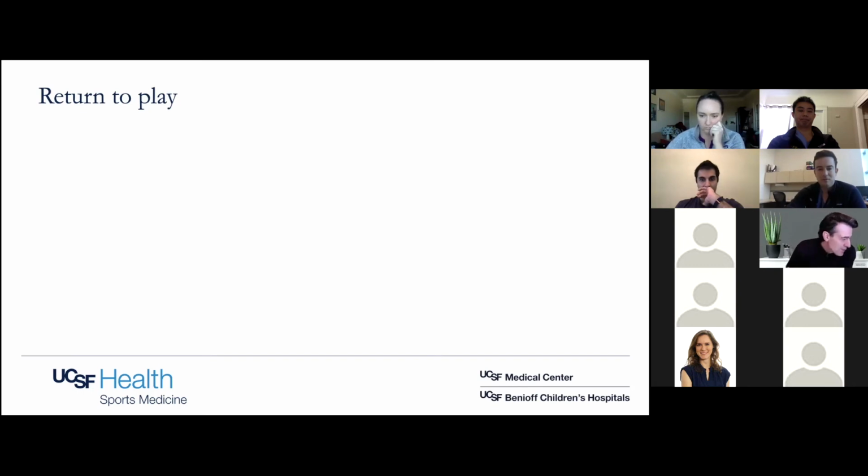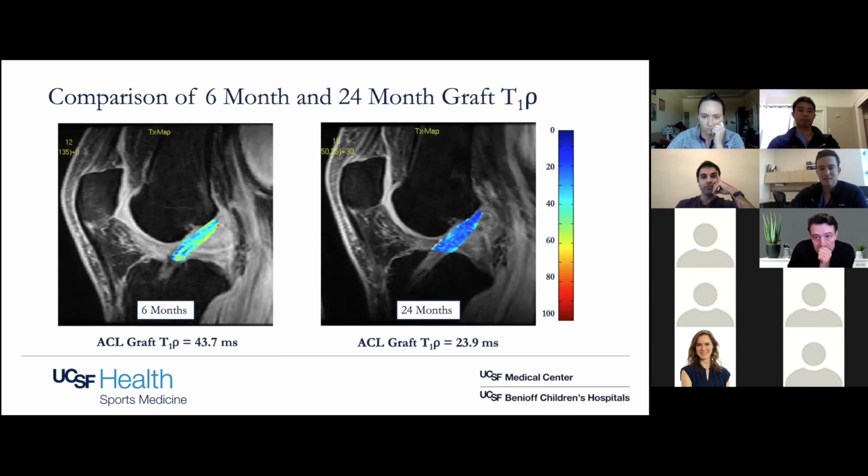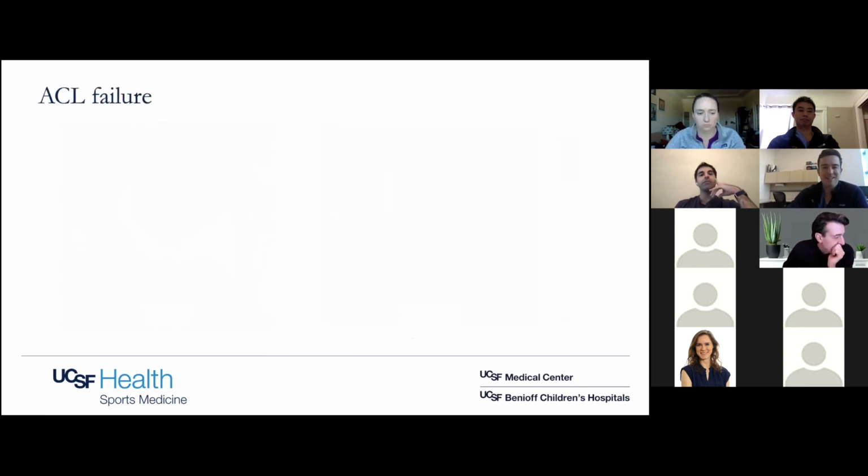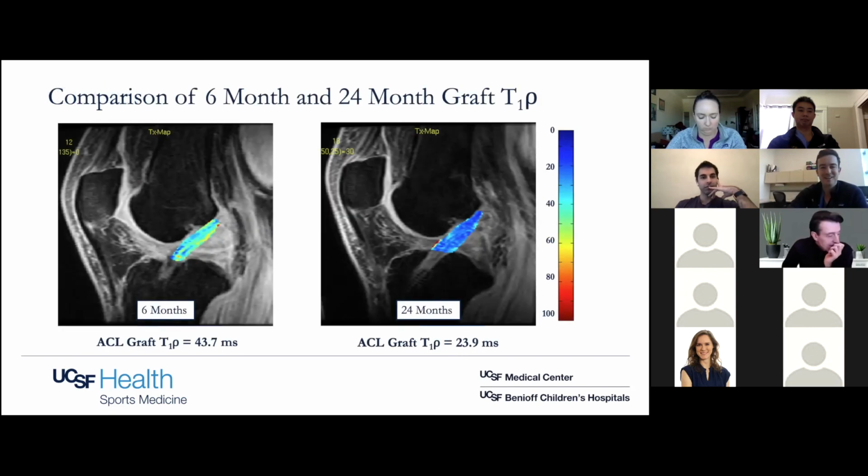When does the graft actually incorporate and mature? Sorry, I'm not entirely sure. I forget the time. If you get a chance, look at or listen to Dr. Lansdowne's talks about ACL imaging.